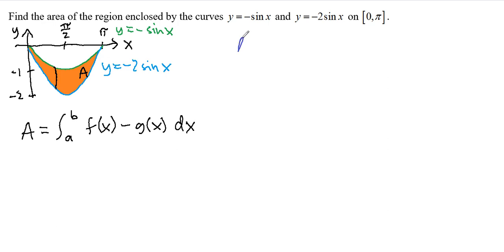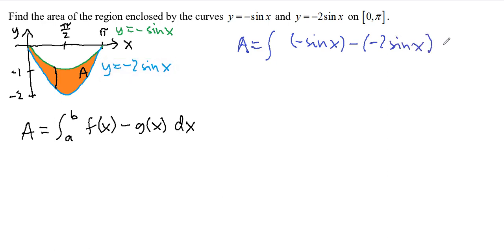In our case, the area is given by the upper curve f of x is negative sine x, and the lower curve is given by negative 2 sine x.